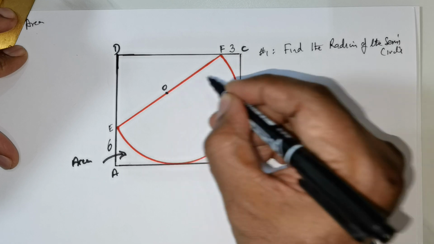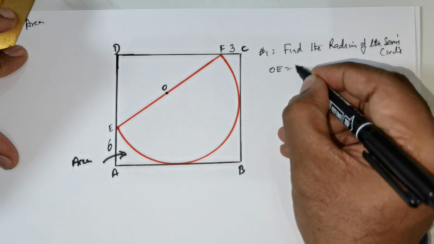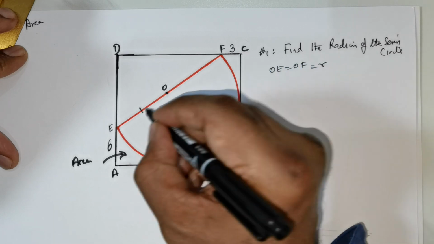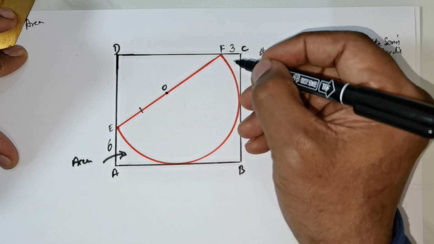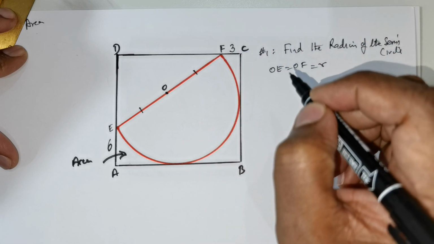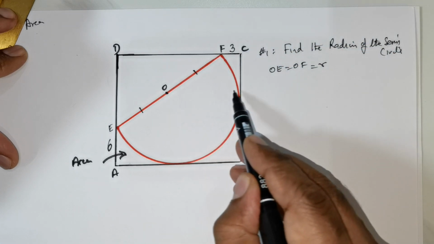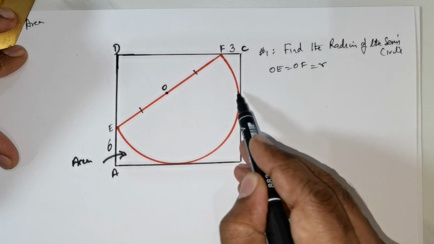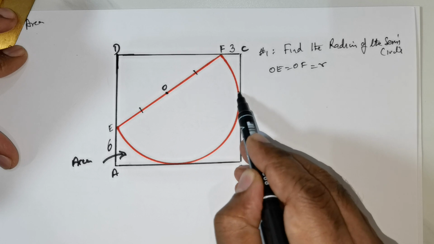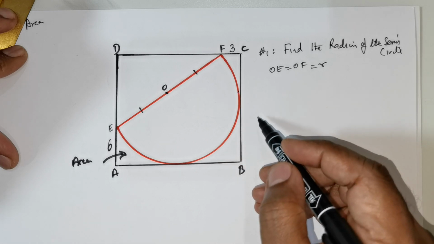Let me take this point as O. OE is equal to OF is equal to R units. So this side and this side are equal. Now from O I can actually hit the circle, right? I can make that hit.